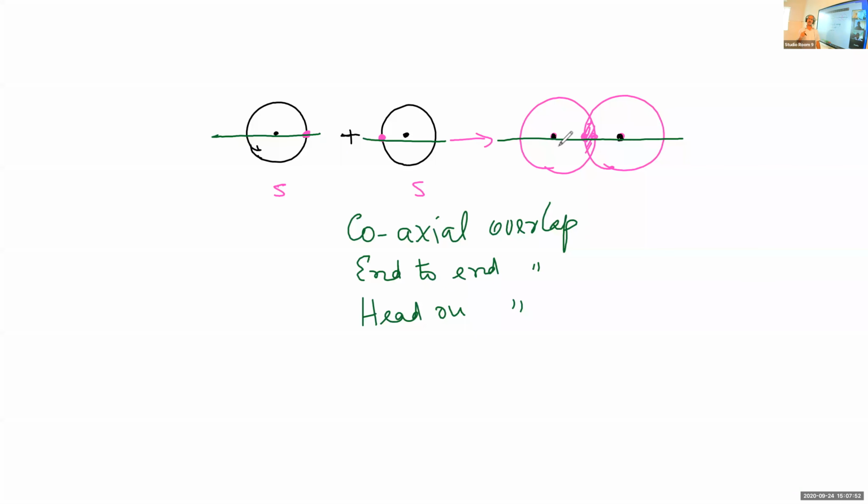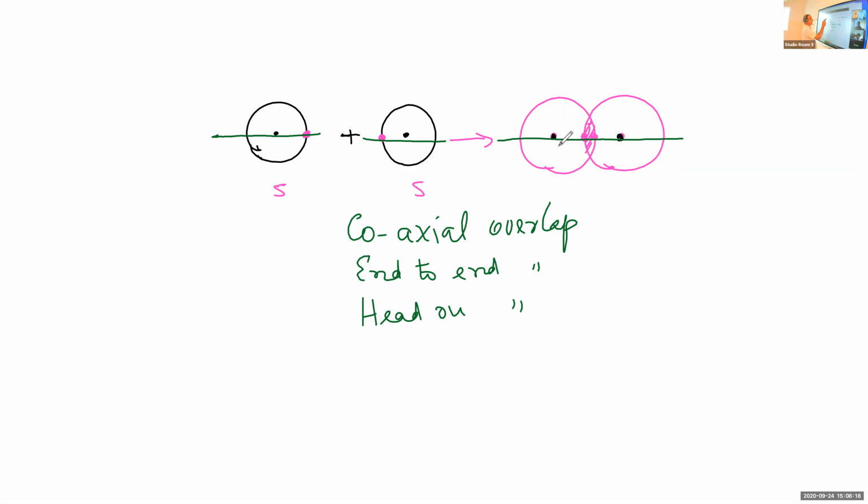And that is called coaxial overlapping. That means overlapping along the same axis. Axis is nothing but an imaginary line passing through the center of the orbital. That is called the axis of the orbital.